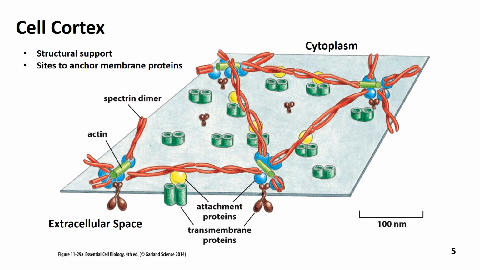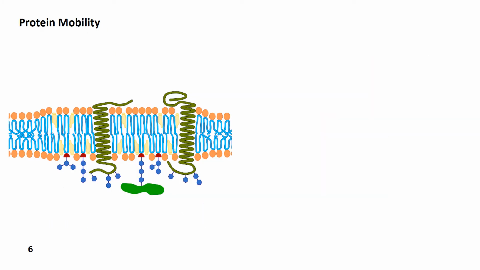The cell cortex is comprised of a number of different proteins that associate both integrally and peripherally with the membrane to provide both structural support and sites for proteins to anchor to the cytoplasmic components.